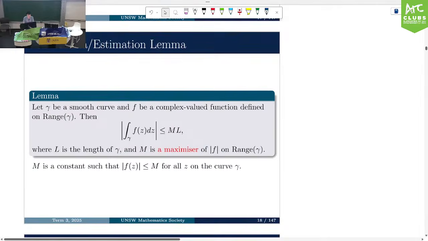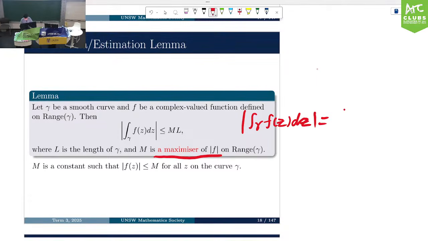And this is the ML lemma. So basically, M is the maximum of the absolute value of f. And the proof, well, I might just quickly give a proof. So we have the integral over gamma of f(z) dz. This equals some arbitrary parameterization of gamma. So f of gamma, but it should be gamma of t, because gamma is a function of parameter t, but I'll just skip it over here.